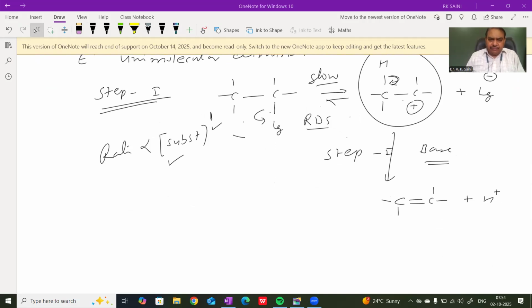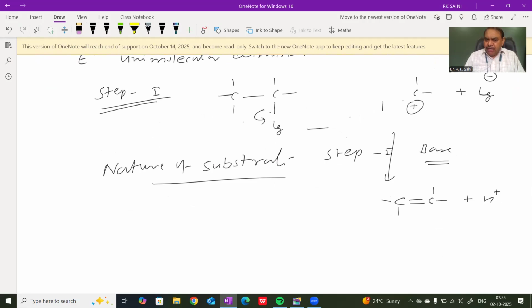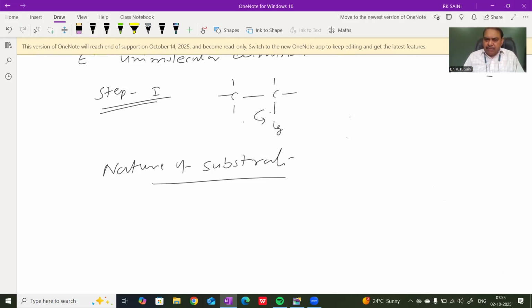First, nature of substrate. As we know, in step first the leaving group leaves from the substrate. Therefore, if the leaving group is present at the tertiary carbon, then easy elimination takes place because they generate a carbonium ion, and the reaction will be fast.